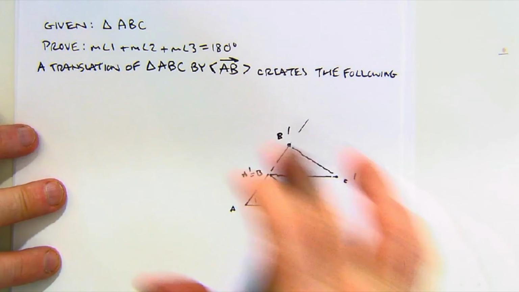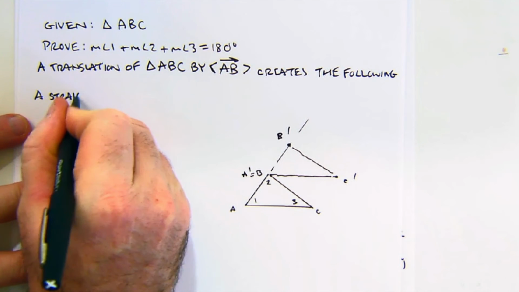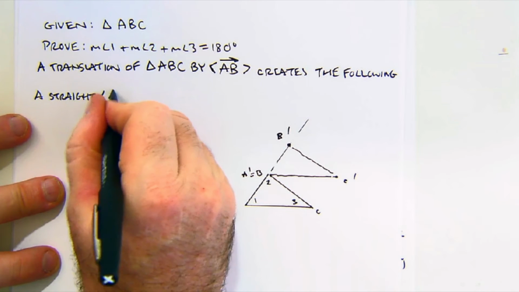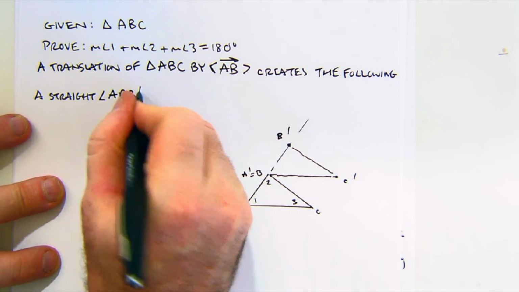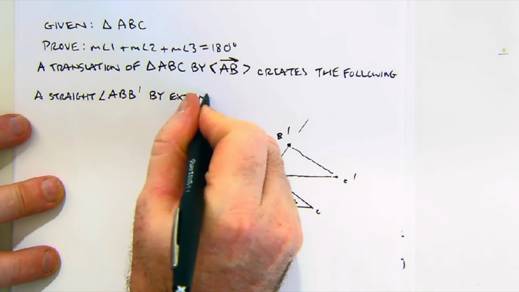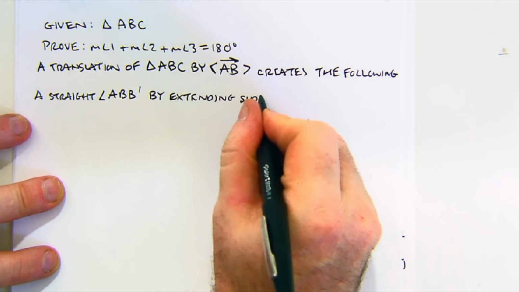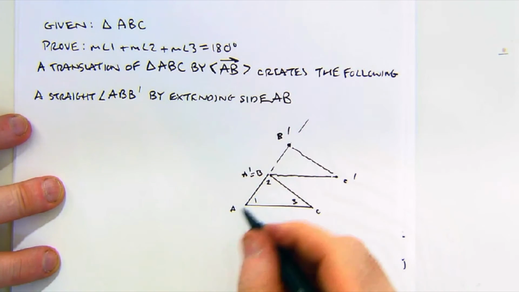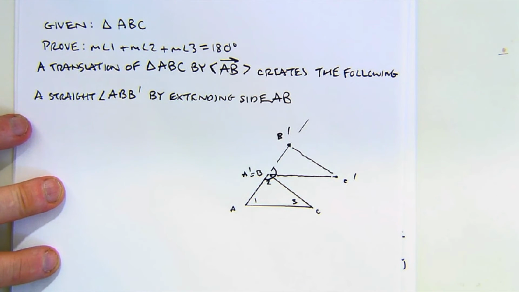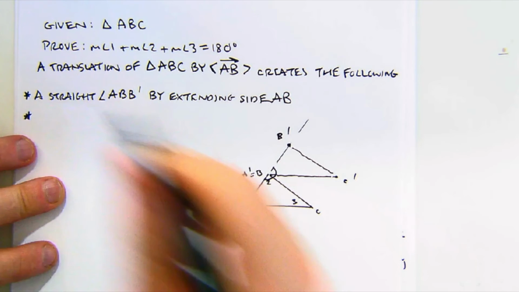It creates the following. 1, a straight angle A, B, B prime by extending side AB. So I know that this has to be 180 degrees. So that's one of the things that it provides. I'm going to do point form this time.